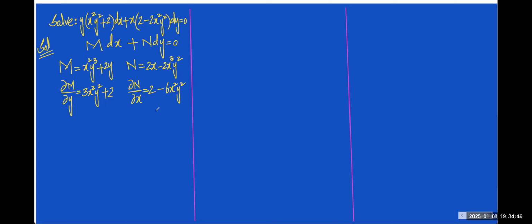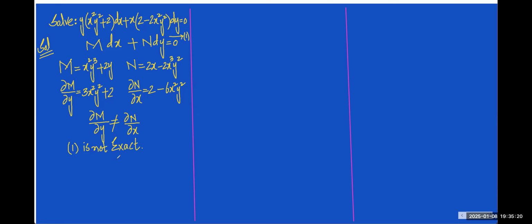But now if you notice, it is not equal. Dou m by dou y value is not equal to dou n by dou x. It means our given differential equation number 1 is not exact.